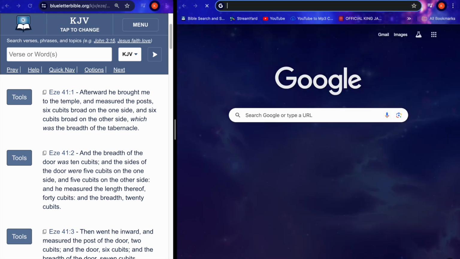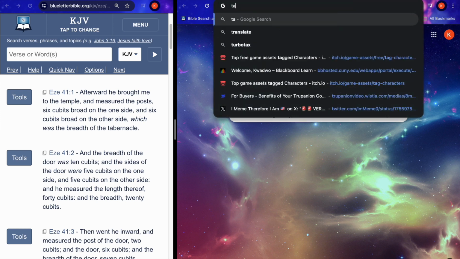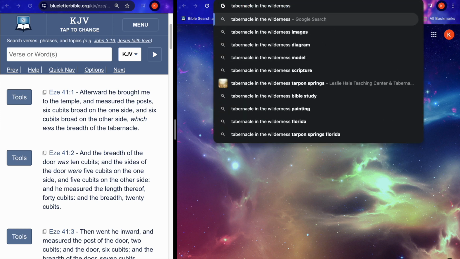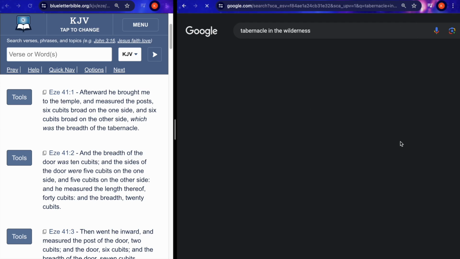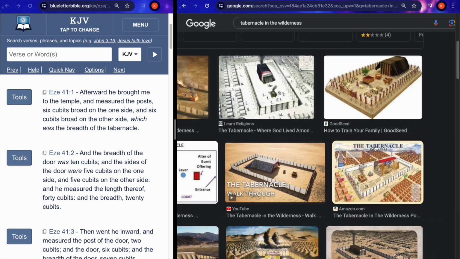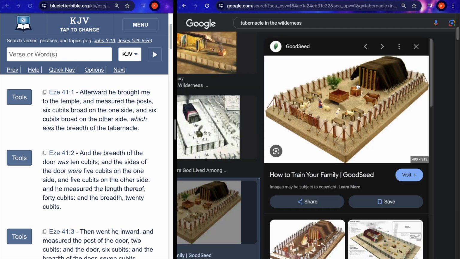Now, what I want to do is pull up the tabernacle in the wilderness. Let's see if we can have some similar designs. Yeah, these are not bad. Maybe we'll go with this one.